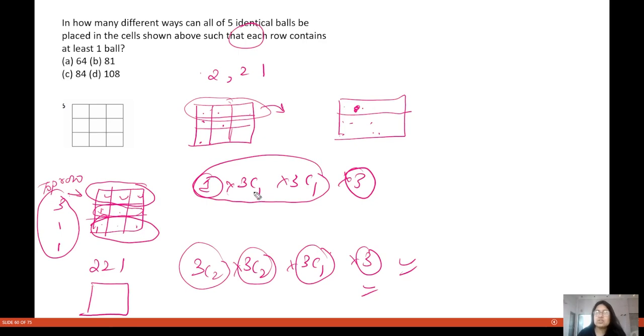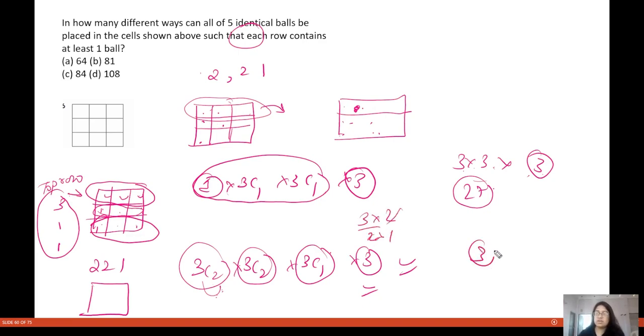So 3C1 is given by 3, 3C1 is given by 3, and 3C1 is given by 3. So this becomes 3 into 3 into 3, that is 27. Now let us look at this. What is 3C2? 3C2 means 3 only, because of 3 into 2 and 2 into 1.